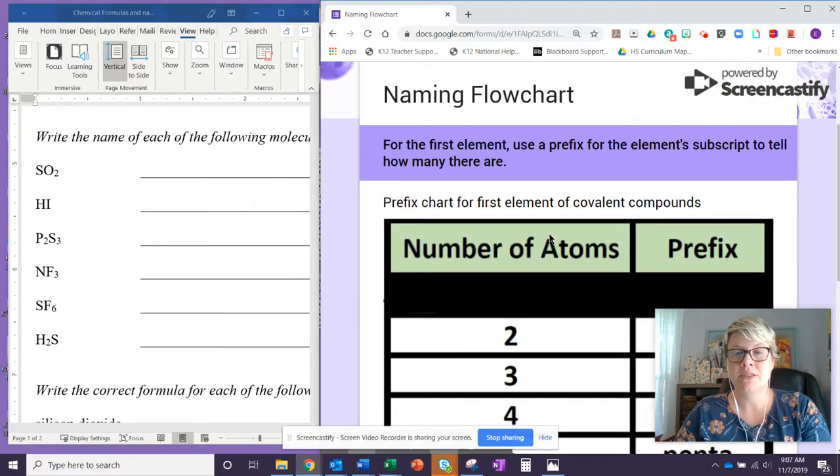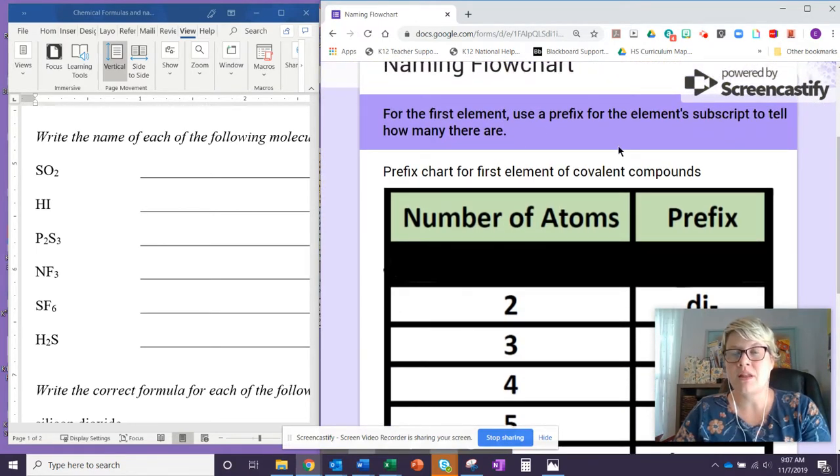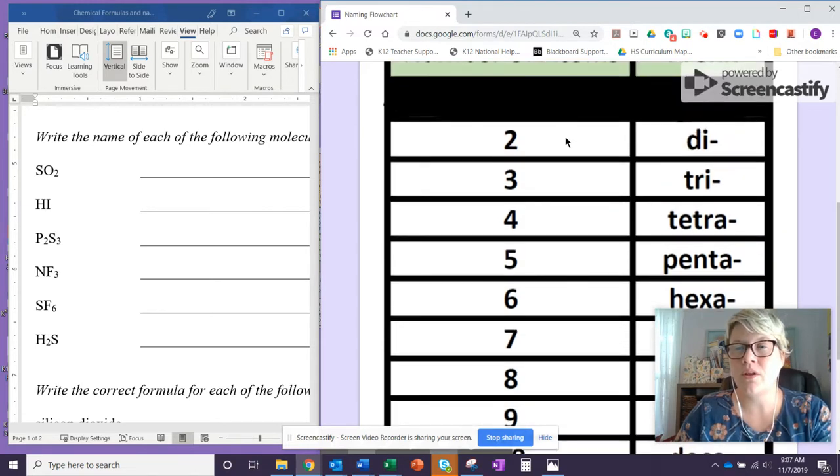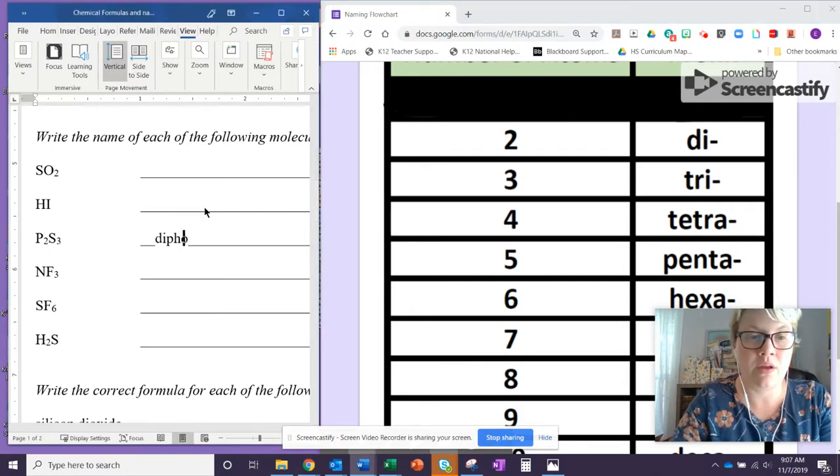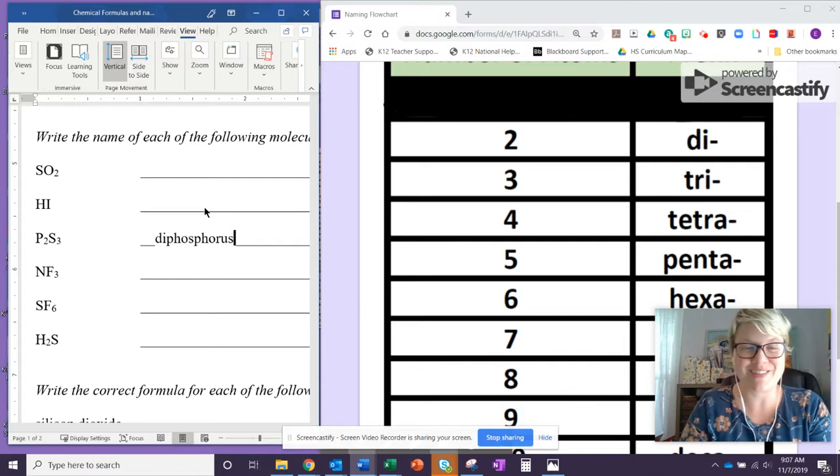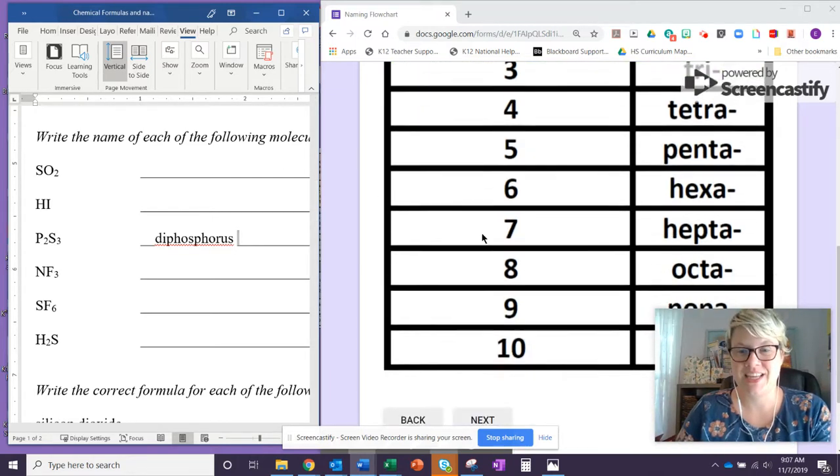All right. So for the first element, use a prefix for the element's subscript to tell you how many there are. There's 2 P's, so our prefix is going to be di. P is phosphorus, so we call it diphosphorus. I had trouble spelling that for a second, sorry. Okay.